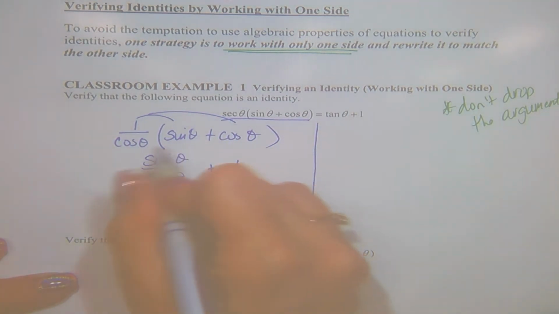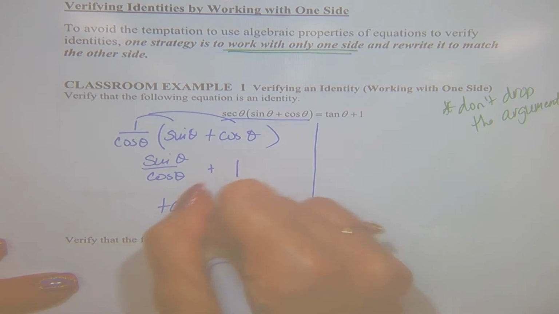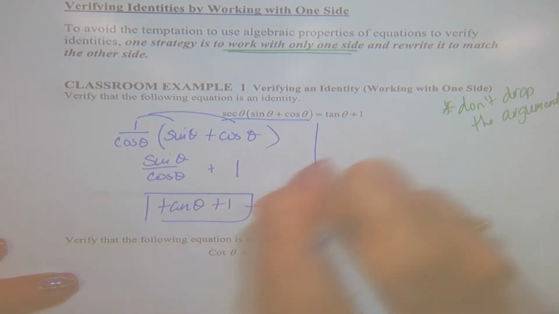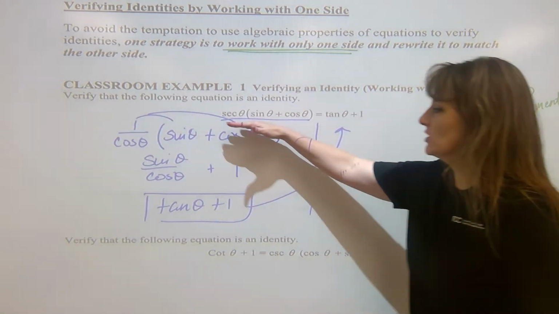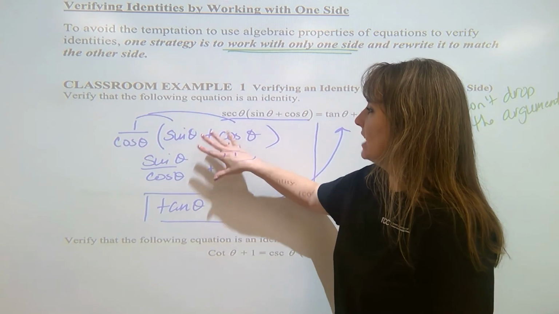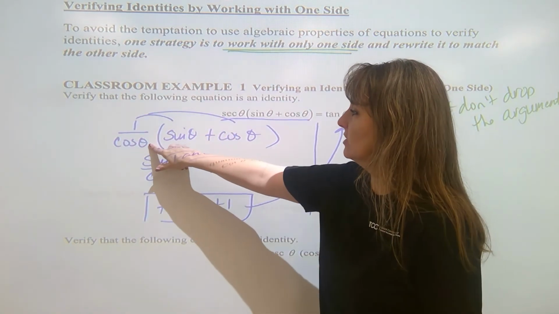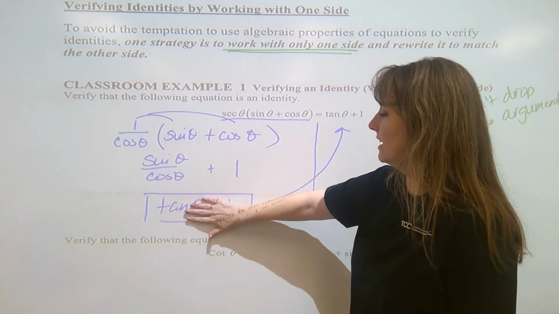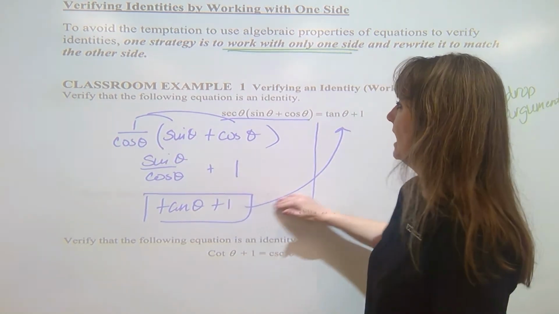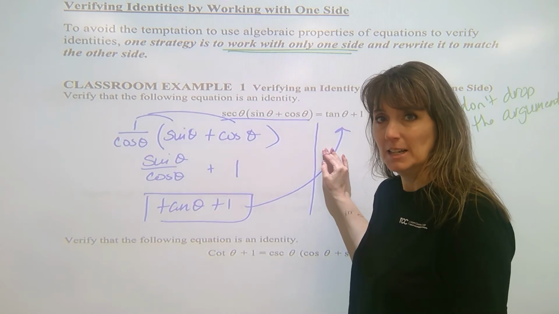Oh, look at that. And sine theta over cosine theta is tangent theta. And I'm done. I have verified the identity. Notice, I did not move anything back and forth. I just worked down one side. I used algebraic properties. I changed this into terms of sine and cosine. I simplified, and then I got the matching side. That identity is now verified.